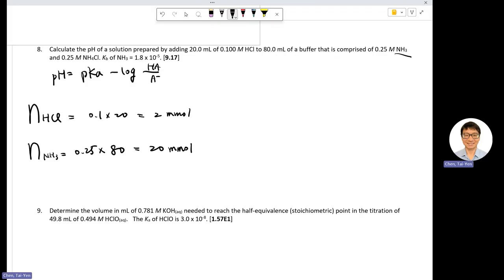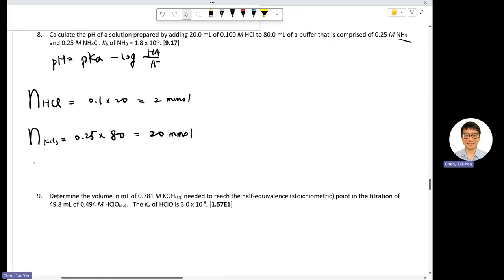Once it's fully consumed by your base, what are you going to get? The moles of your NH4 plus. Originally you have 0.25 times 80 as well, so you also have 20 millimole of the NH4 plus before you add in the strong acid.